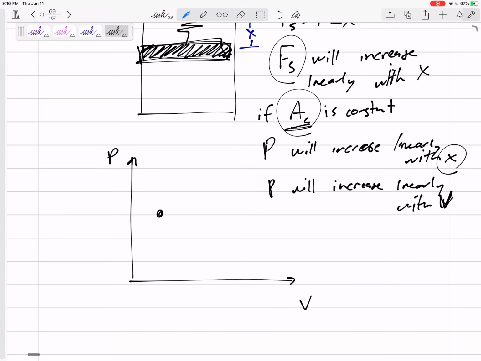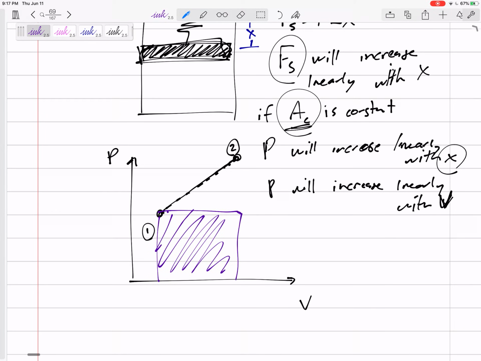What would that look like on our PV diagram? Let's start at state 1. It would go linearly, a straight line, to state 2. So what is the boundary work? The boundary work would be the area under this curve. How about we break it up into this area plus this area.